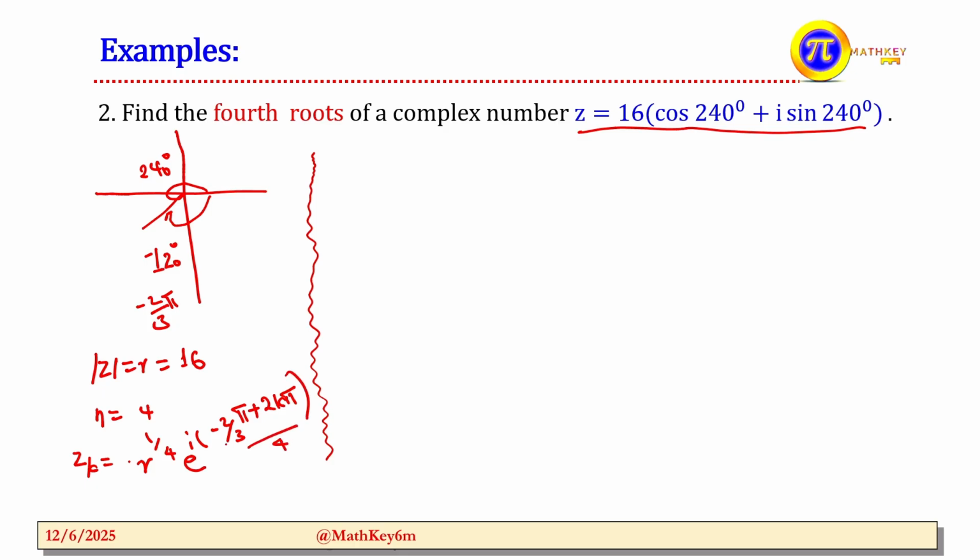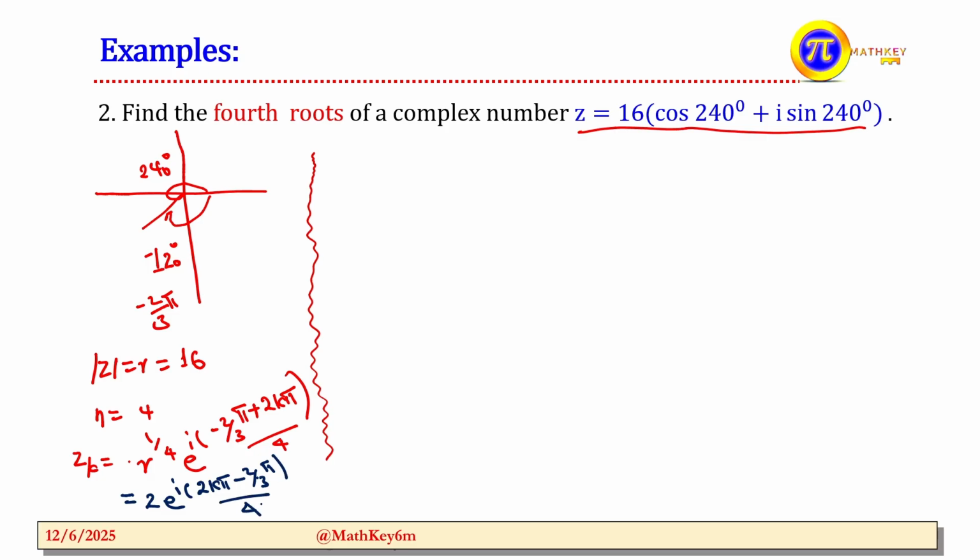We apply this formula. After simplification, the fourth root of 16 is 2. This is 2 times e to the power of i times 2k pi minus 2 over 3 pi, divided by 4.